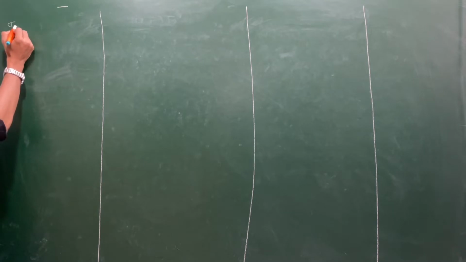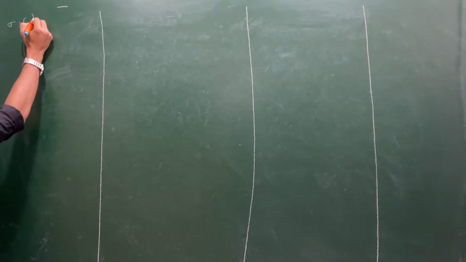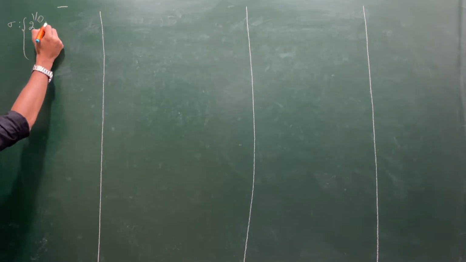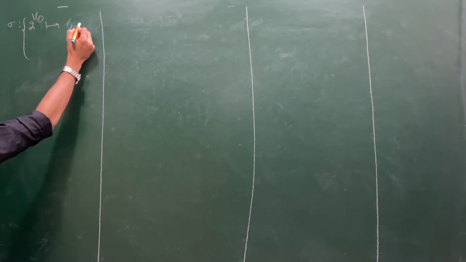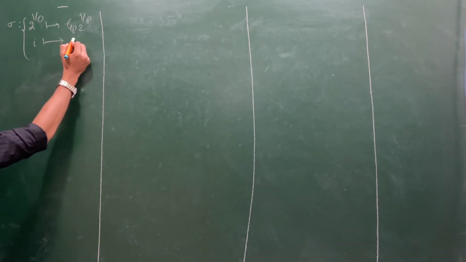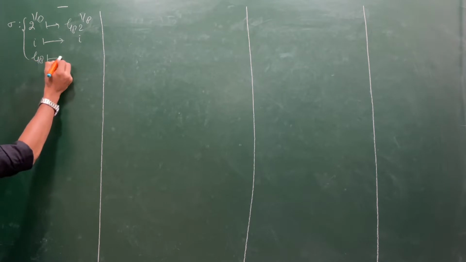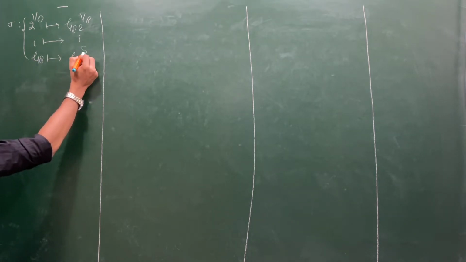See, this sigma, which is sending 2 power 1 by 8 to zeta 8 times 2 power 1 by 8. It is sending iota to iota. It is sending zeta 8 to zeta 8 to the power 5.